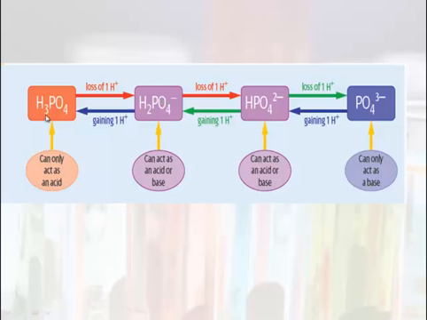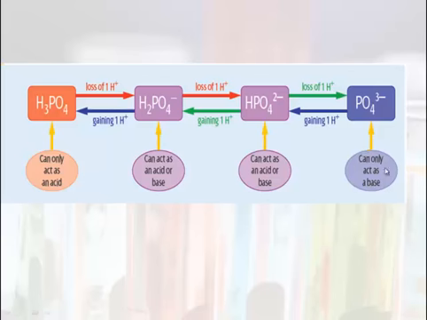It's gone from having 3 protons to having 2 protons. If it loses another hydrogen, it becomes HPO4 2 negative. Again, increasing that negative charge because it's lost a proton. And for the third proton it loses, it becomes PO4 3 negative.